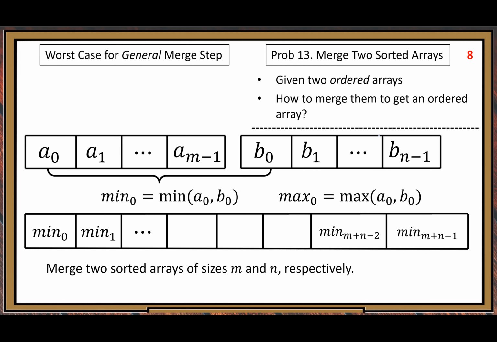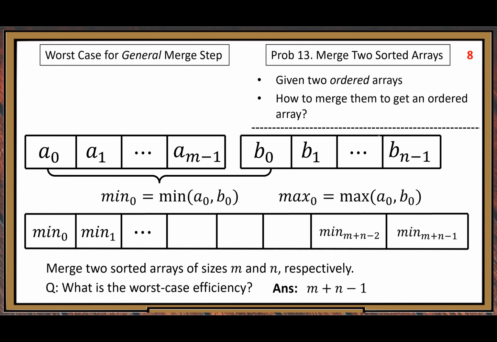You can see the answer is the total number of elements minus 1. N plus n minus 1. To merge any two ordered subarrays, it's worst case n plus n minus 1. Yeah, so that's the answer.